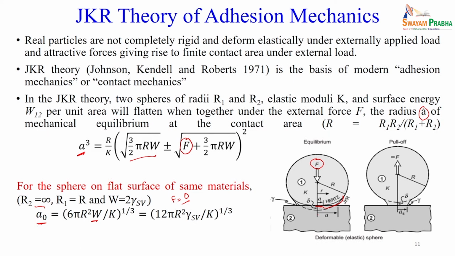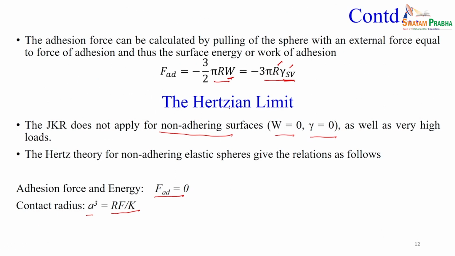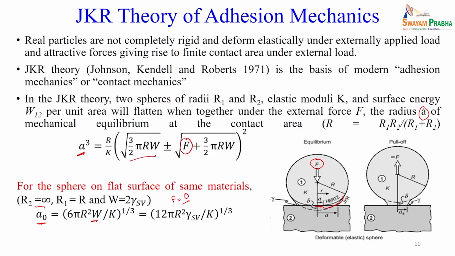This value comes out to be very small in the Cartesian limit, or you can say the Hertz surface. So, this is one example we discussed through the JKR theory, where we are considering the interaction between two spheres, or you can say the interaction between a flat surface and a sphere.